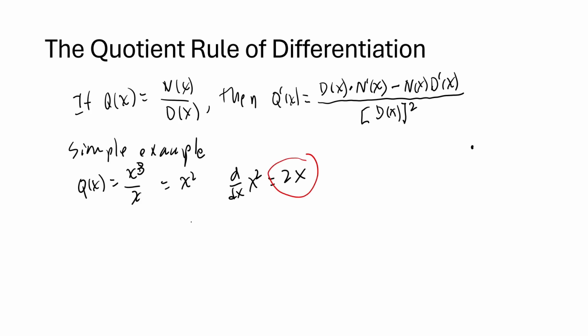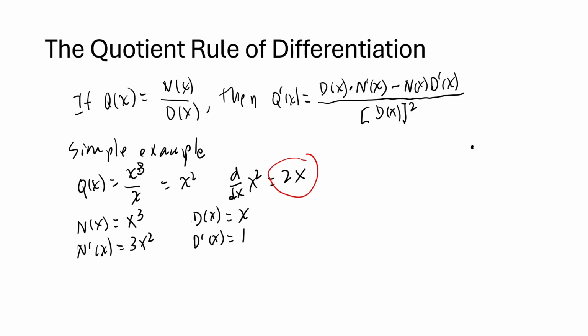Okay, but now what if we did the quotient rule, where we let the numerator n of x be equal to x cubed and the denominator d of x be equal to x. From that we get the derivative of the numerator is 3x squared, and the derivative of the denominator is just equal to 1.